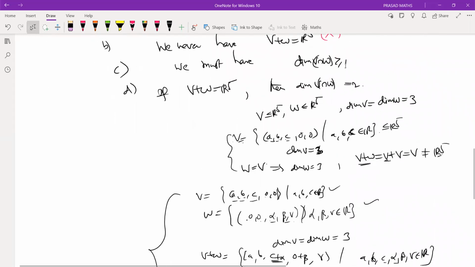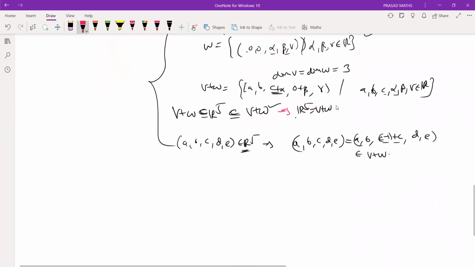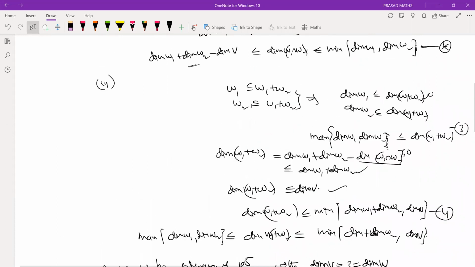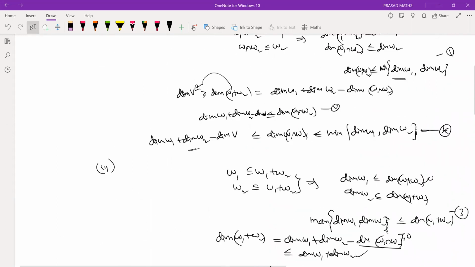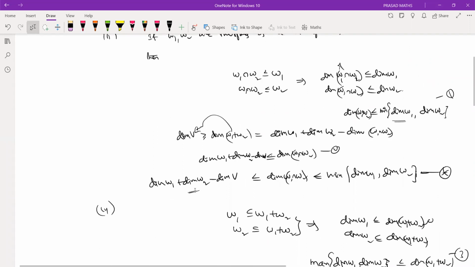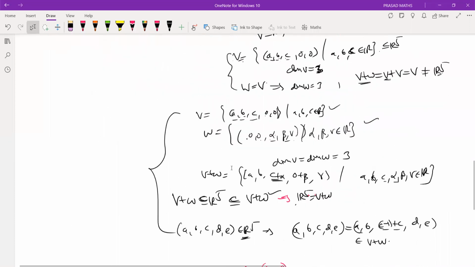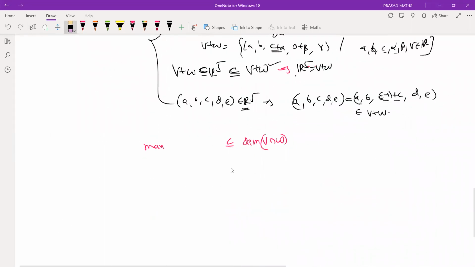It means you need to find a lower bound. What is the lower bound? The dimension of v intersection w is always greater than or equal to the maximum of, what is it? You can use this formula: dimension of w1 plus dimension of w2 minus dimension of R5, and the dimension of R5 is 5.